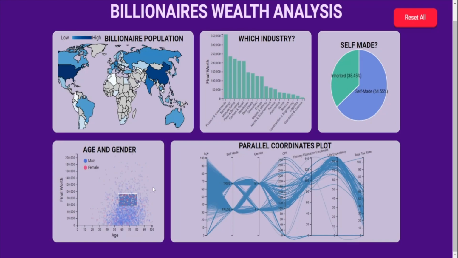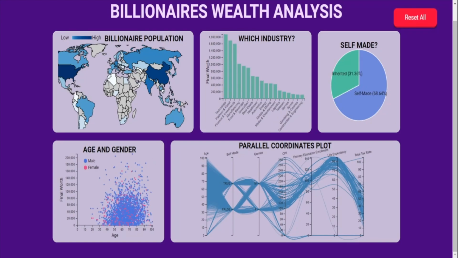One analysis that we can do using the scatter plot and the pie chart is to see how a particular age affects the self-made percentage of billionaires.